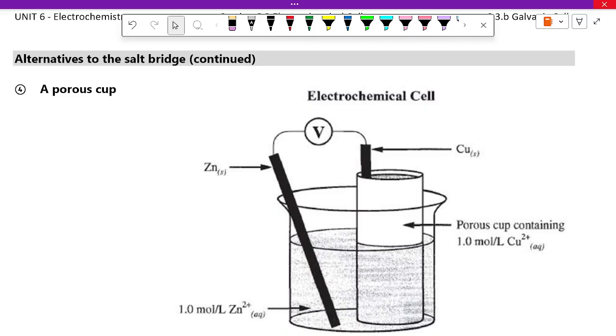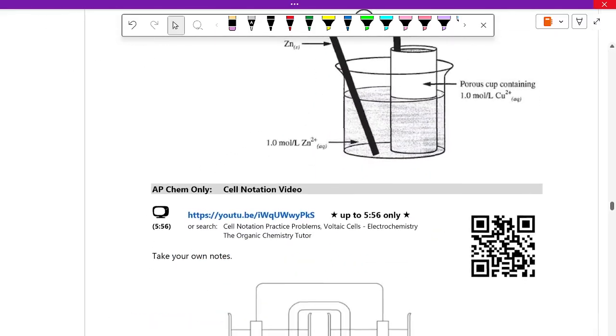Except the holes are not that big. Tiny. So ions can move through, but the water's not going to gush. And they'll move fairly slowly from one to the other. So it's just like having two beakers, except one beaker is completely porous. So ions can move. Is that good? Okay.